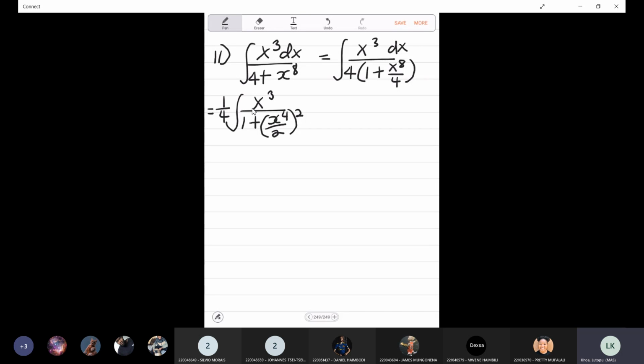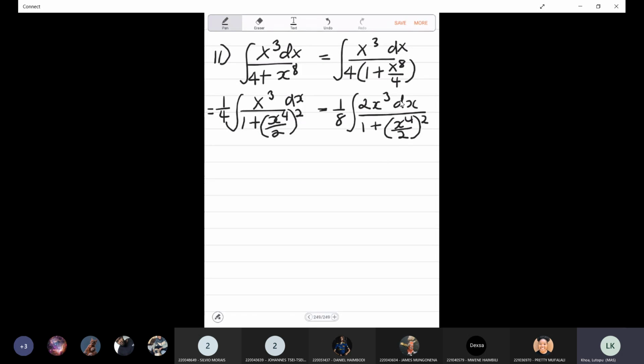So I will add it 2 and then multiply by half outside. And this gives me 1 over 8 the integral of 2x cubed dx over 1 plus x to the power of 4 over 2 squared.